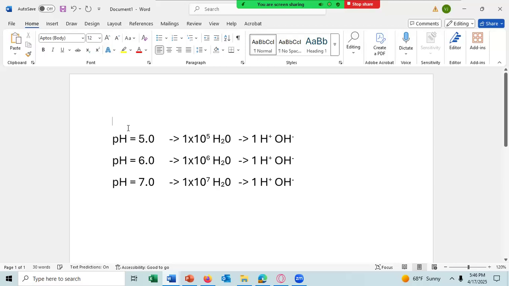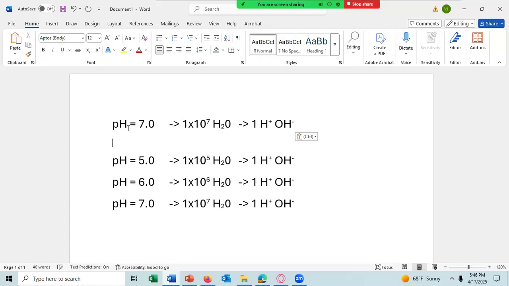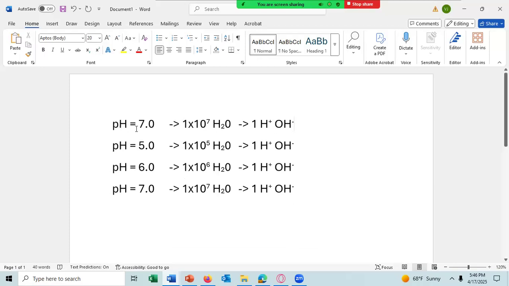And then for pH equal to 0, just to show you that I actually know what I'm talking about when I said earlier, for pH equal to 0, for one water molecule, that's 1 times 10 to the 0 is one water molecule. You have it changing into one H plus ion. Any question about any of that?